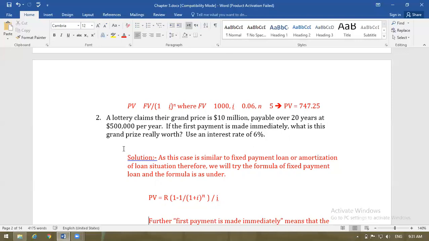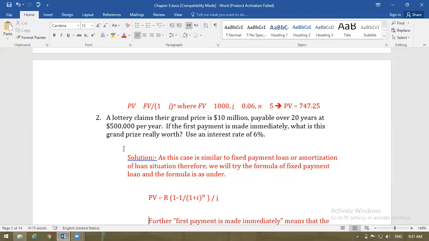If the first payment is made immediately, what is the worth of this prize? Or what is this grand prize really worth using an interest rate of 6%? So basically this question is to find the present value of this 10 million, which will be distributed over 20 years at 5 lakh per year.